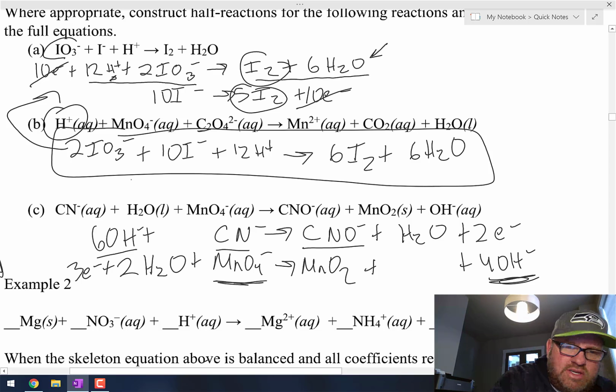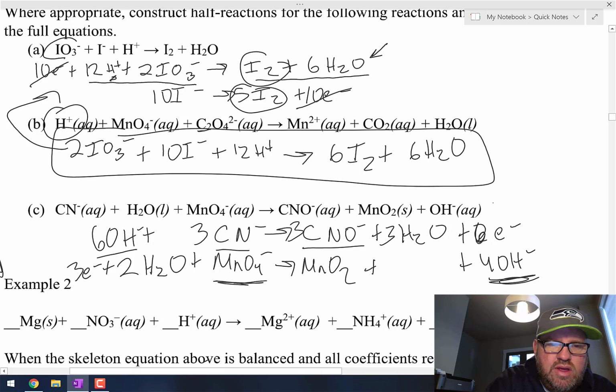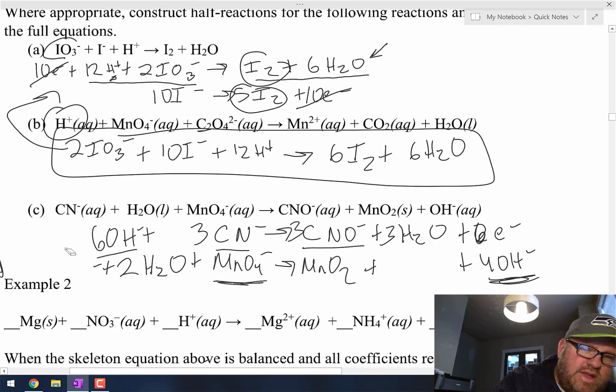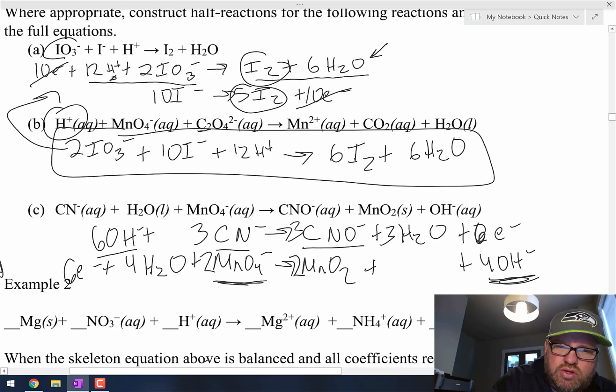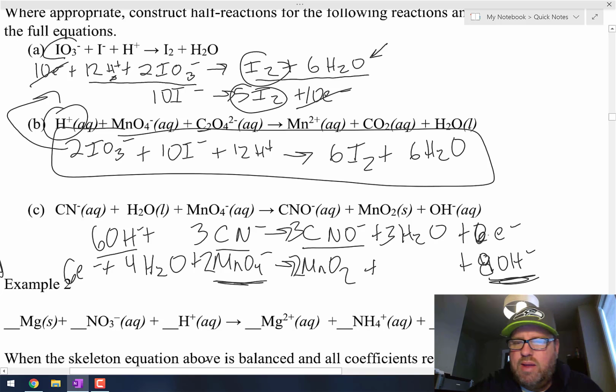So that becomes 6 OH minuses, 3, 3, 3, and 6. And then the bottom one, we're going to double everything. So that becomes 6, 4, 2, 2, and 8.